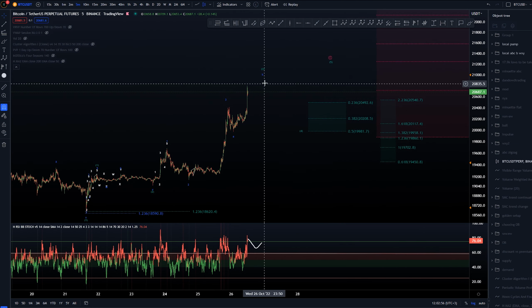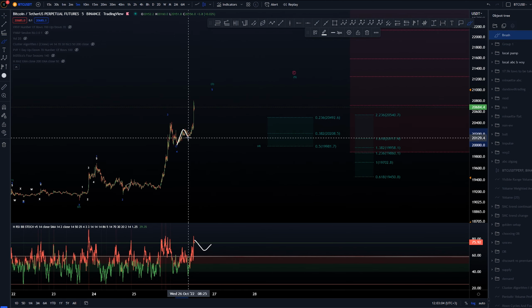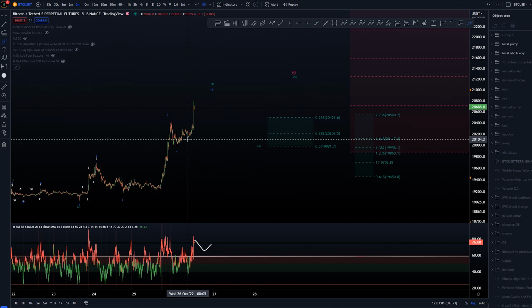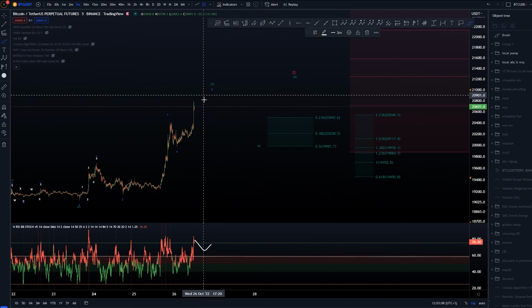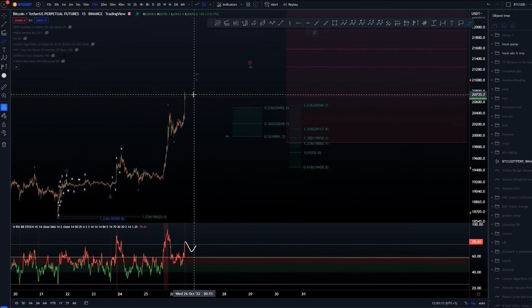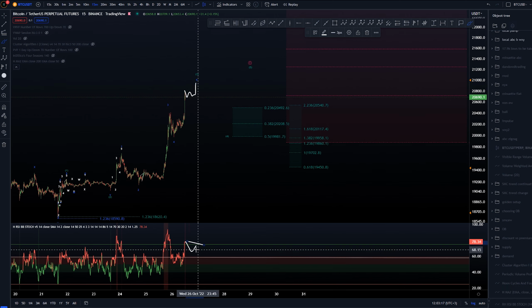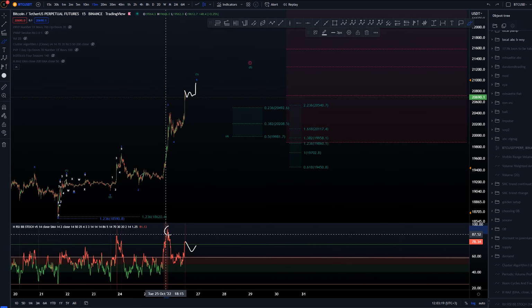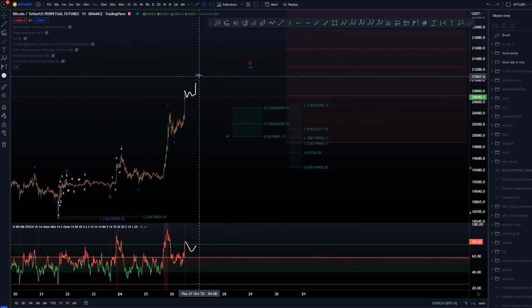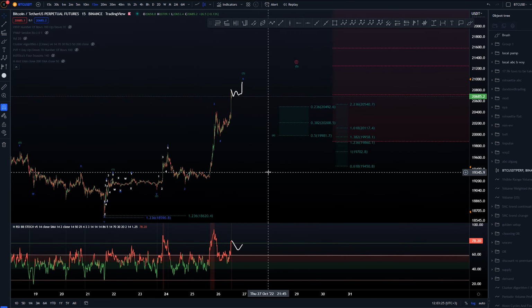At the moment, however, I'm still expecting a couple more highs to be made. In this one, I've labeled this as a potential 1-2, and then this would be the 3rd, 4th, and 5th. On the 15-minute time frame, we would be looking for consolidation and then a pump to create a divergence between these two highs. We already have the highest high here on 3rd of 3rd, which is very typical, and that's why I have it labeled like this at the moment.